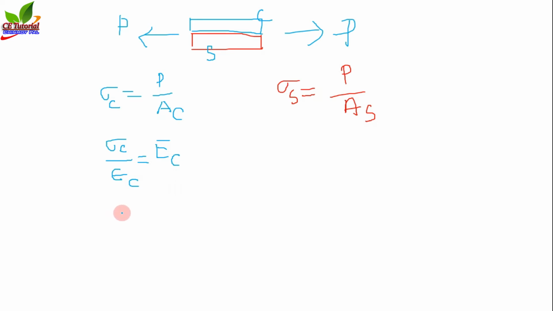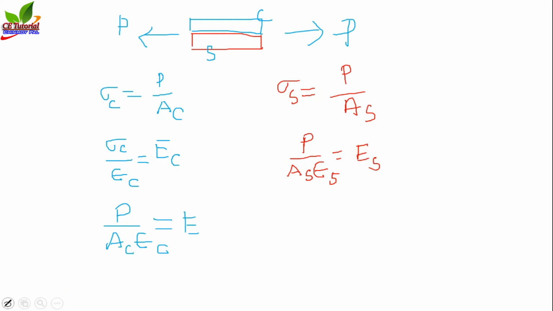Now you can put this value of sigma C here, that is P by AC by epsilon C equals EC. And here, P by AS by epsilon S equals ES.